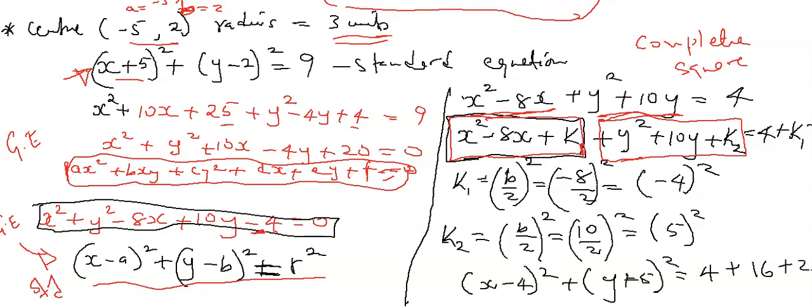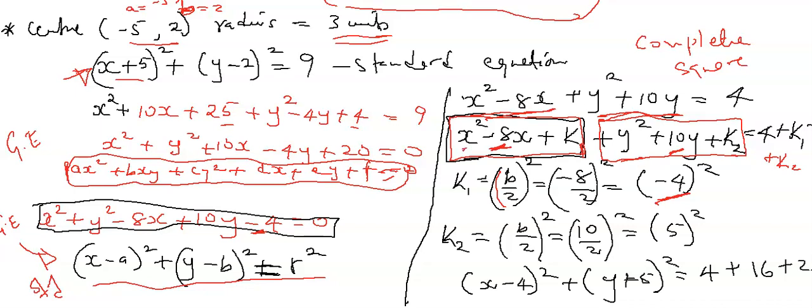And remember, since we have added k1 and k2, we need to add them to both sides. So k1 will be (b over 2) squared, where our b is negative 8, over 2 squared, and that will give us negative 4 squared. K2 will be (b over 2) squared, where b is 10, over 2 squared, which is 5 squared.